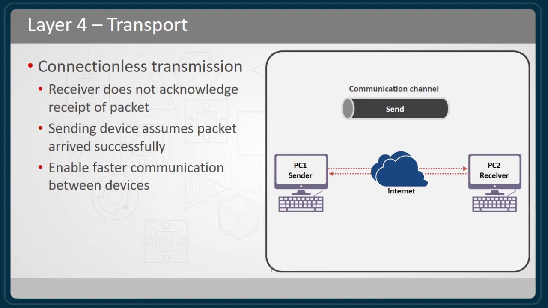But if it is UDP, it will be connectionless, and we can get a little better performance. Perhaps not as reliable, but sometimes you just want the speed. So all of this is happening at the transport layer. And again, ultimately, as its name indicates, it is the actual movement of the data. This is really where you see it getting from point A to point B, and it's just a matter of how that movement takes place.